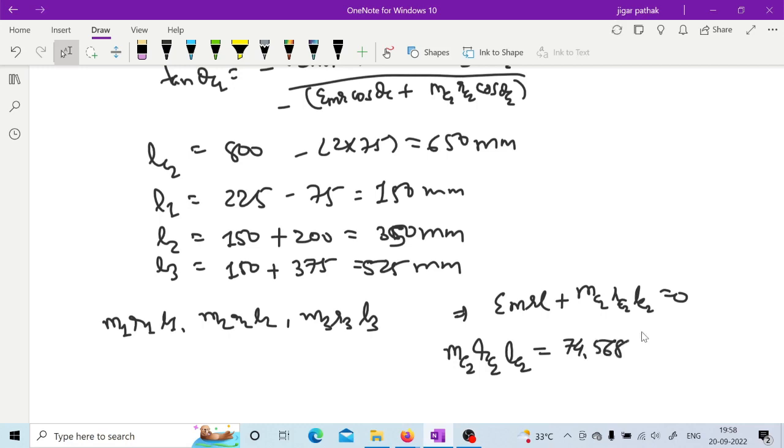Once you get this, they have provided RC2 as 40 in the problem statement, and LC2 you have calculated as 650. As you have this RC2 and LC2 with you, you can calculate MC2, and that will be 2.868 kg, something like that.